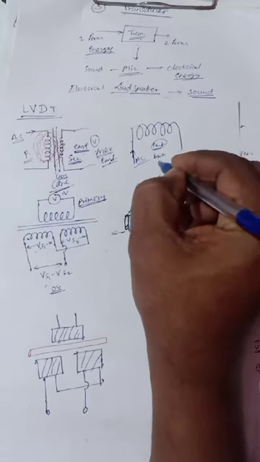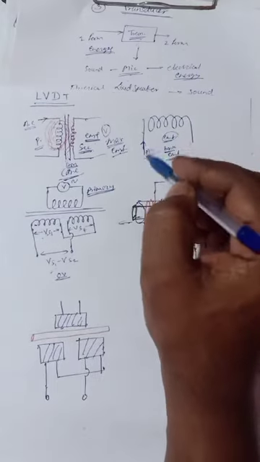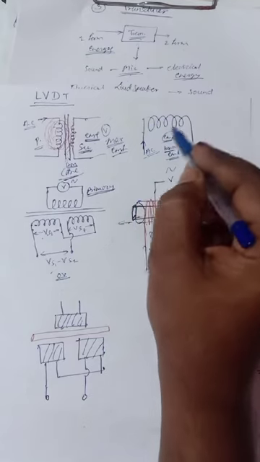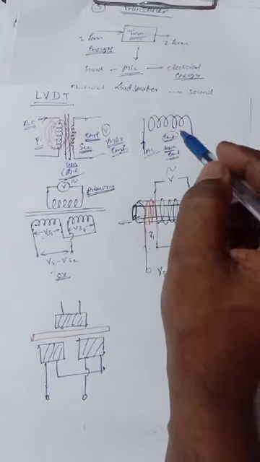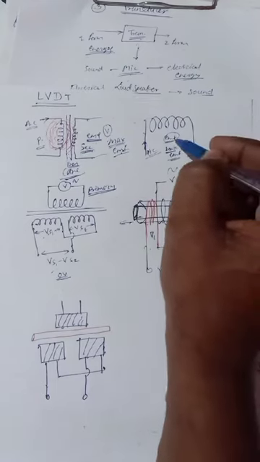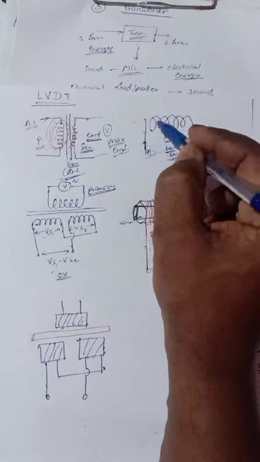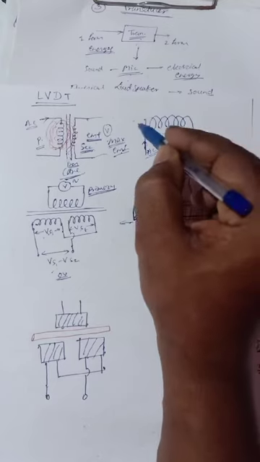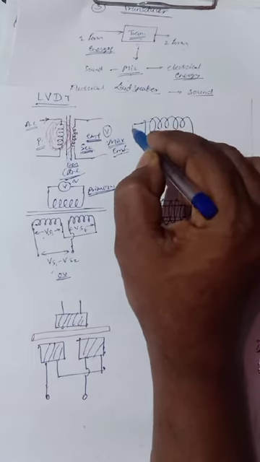This back EMF depends on the AC frequency applied, the number of turns, and the cross sectional area, or we can say the core of this coil.